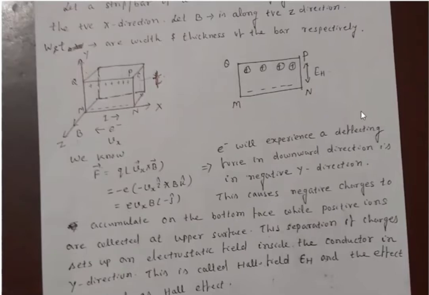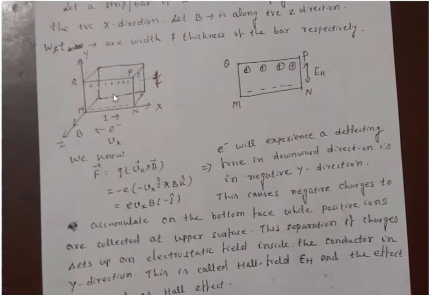So the electron will experience a deflecting force in downward direction of the y axis, that is along the negative y direction. So this causes the negative charges to accumulate on the bottom face while positive ions are collected at the upper surface.